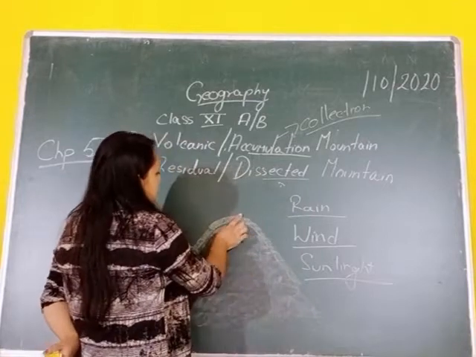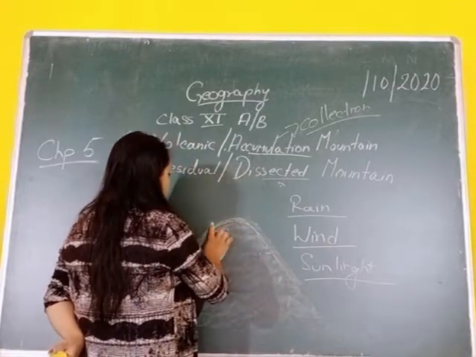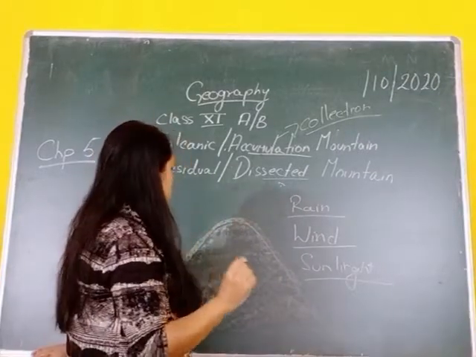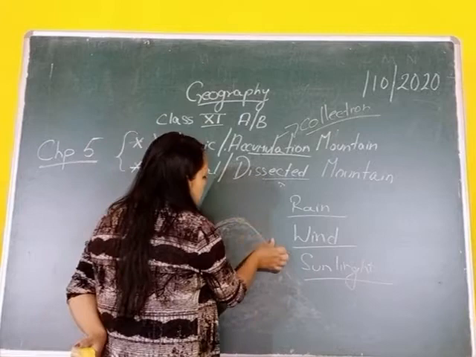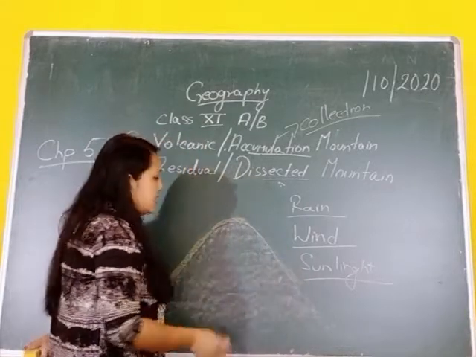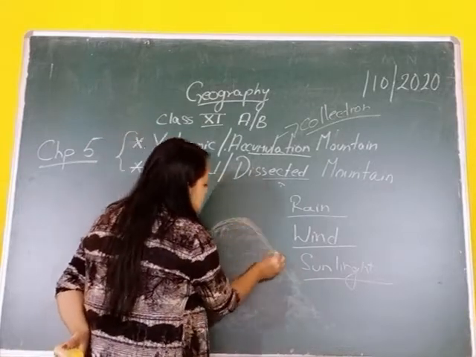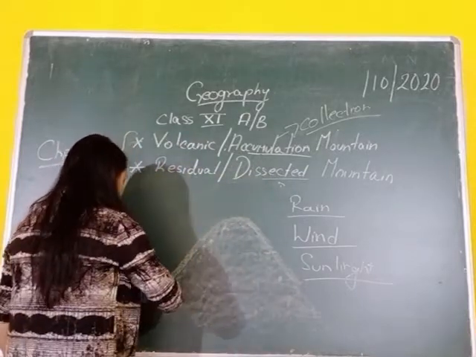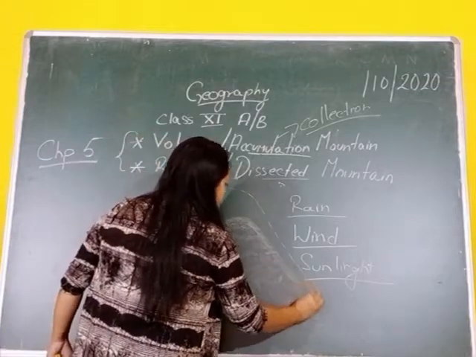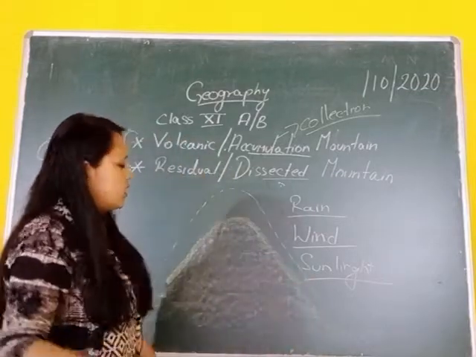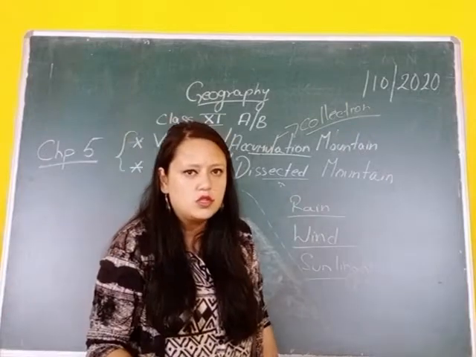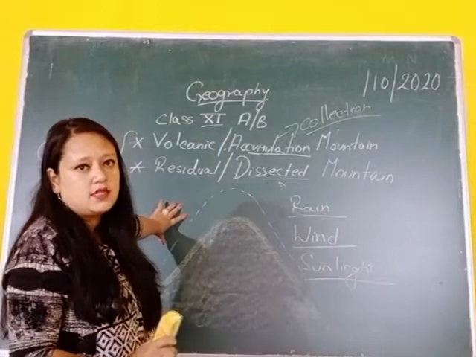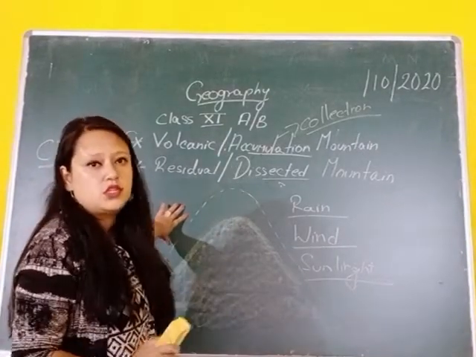But these top layers, which are made up of soft sediment, start eroding easily. And if this is the initial height of the mountain, after weathering, after denudation, after erosion, after thousands of years, it has lost its initial height. That means it has lost its original height.